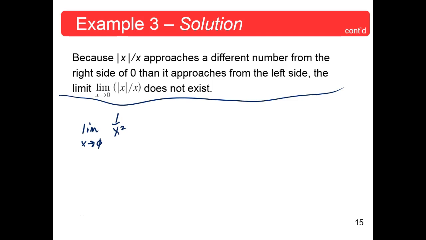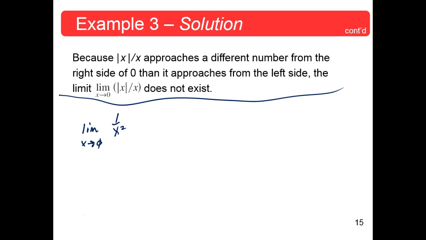Remember, I said there were 2 forms for certain types of problems, especially since x is going to 0. One of those forms was 0 over 0, and we called that an indeterminate form. Those indeterminate forms may or may not have limits.